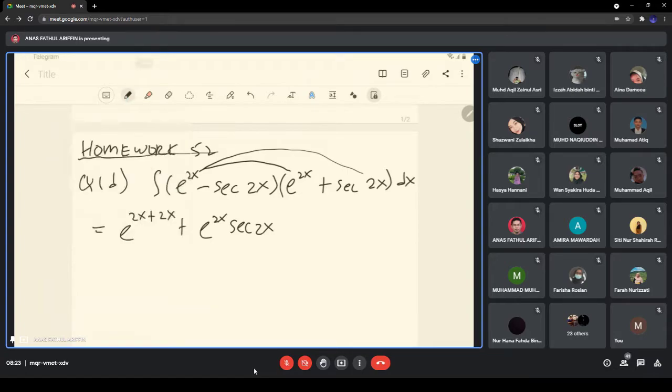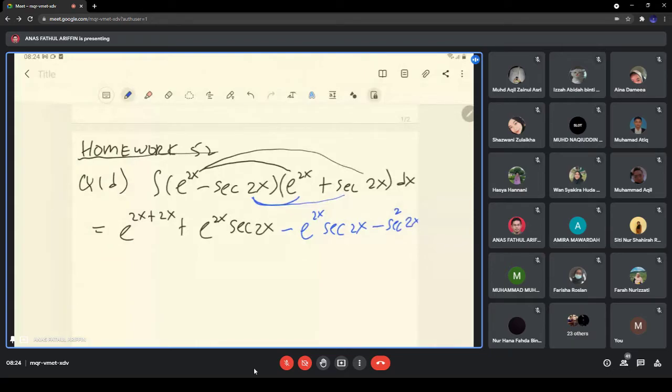And then we expand yang negative second pula. Okay, so we expand yang bawah ni. So we have minus, okay, e power of 2x multiplied by second 2x. And then expand this one. Okay, second 2x multiply second 2x, we have second square 2x.